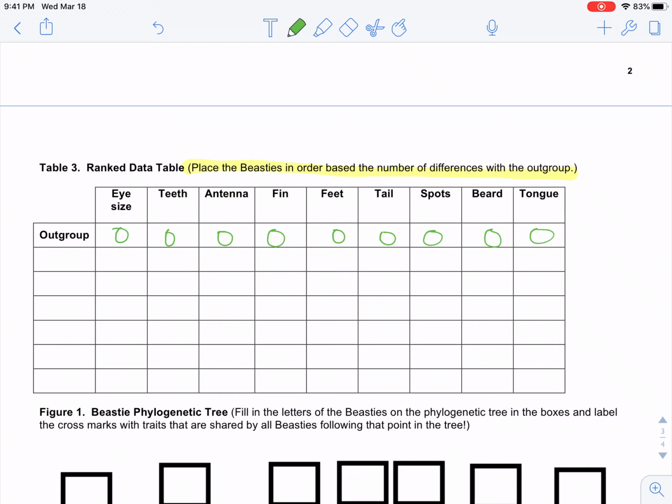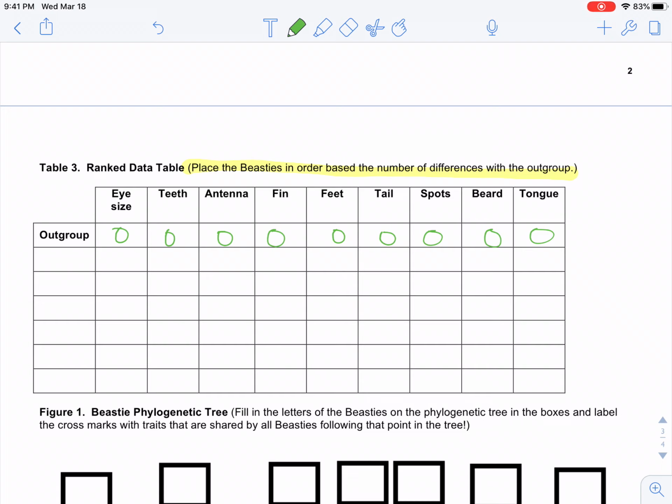But your job now in this table is to start looking for how we can rank these based on how many changes. We assume those changes are likely DNA mutations that gave rise to phenotypic changes, right? Think about that as well today. And as those changes occur, we want to list them in order as they occur with respect to the outgroup.